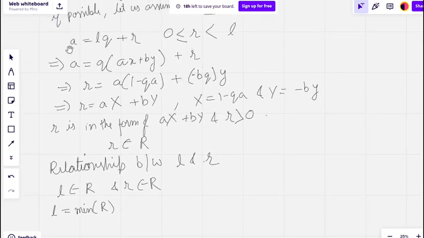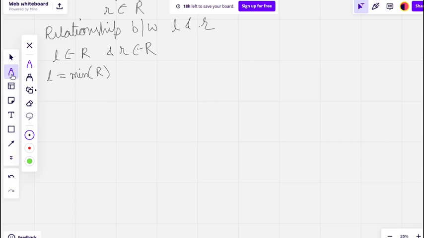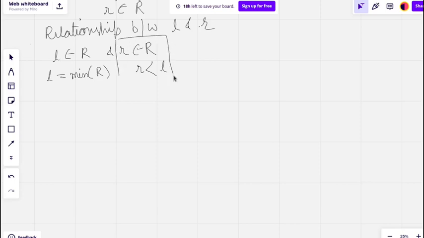When we said A equals LQ plus R, we said that R is less than L. So from the same equation we can write that R is less than L. If you compare these two, R belongs to the set R and R is less than L, but L is the minimum. Let me repeat it one more time. L is the minimum element in the set R.